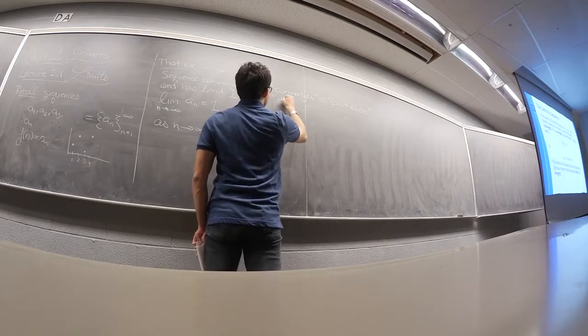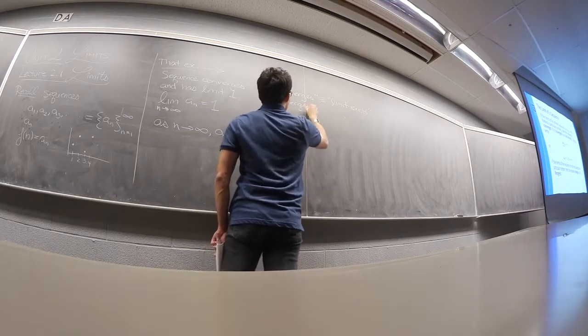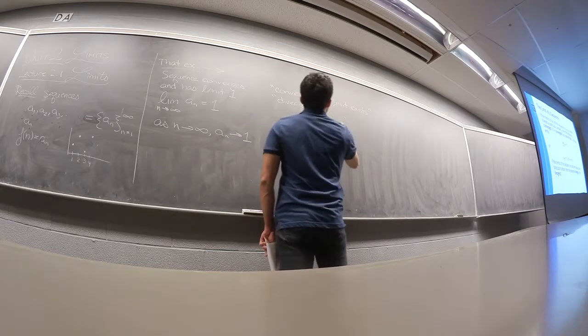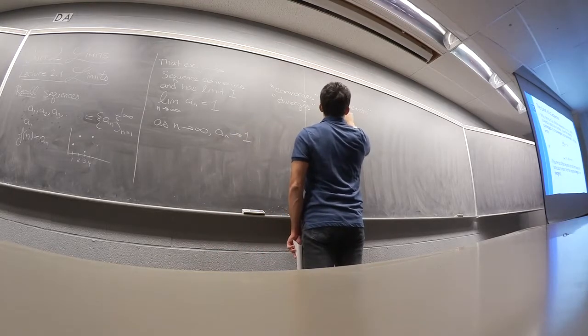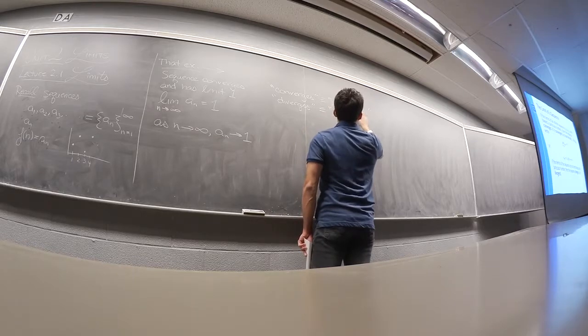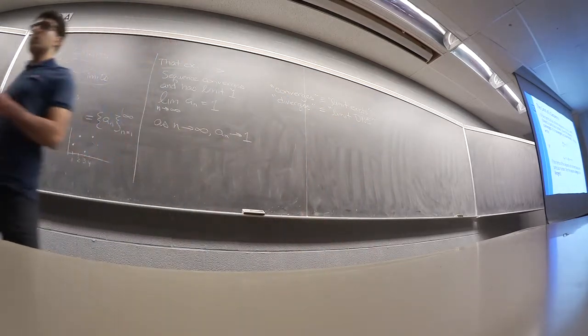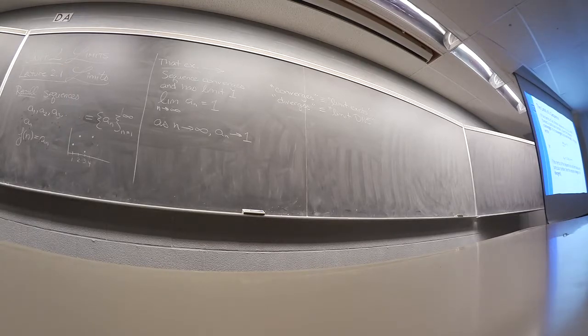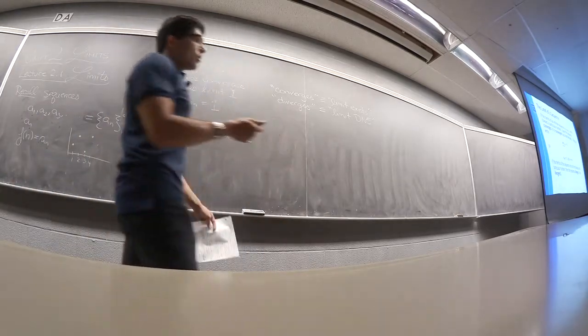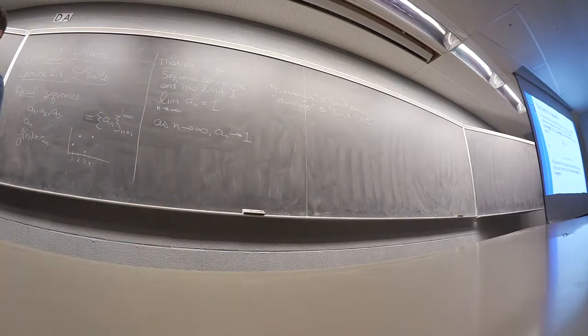And saying that a sequence diverges or is divergent is the same as saying that the limit does not exist. So it's one or the other. Okay. Questions?